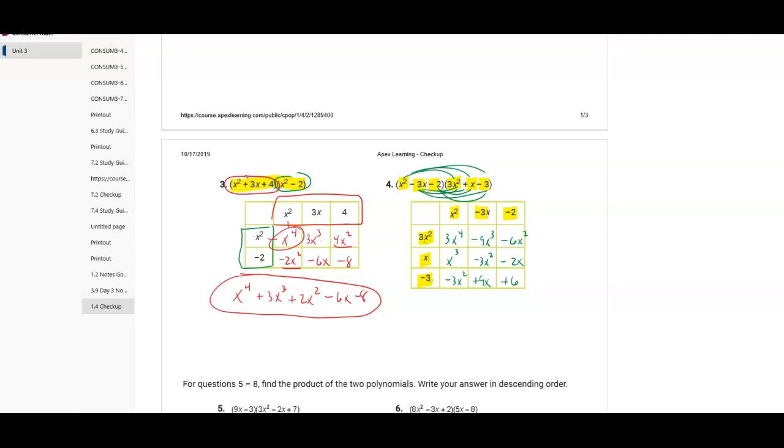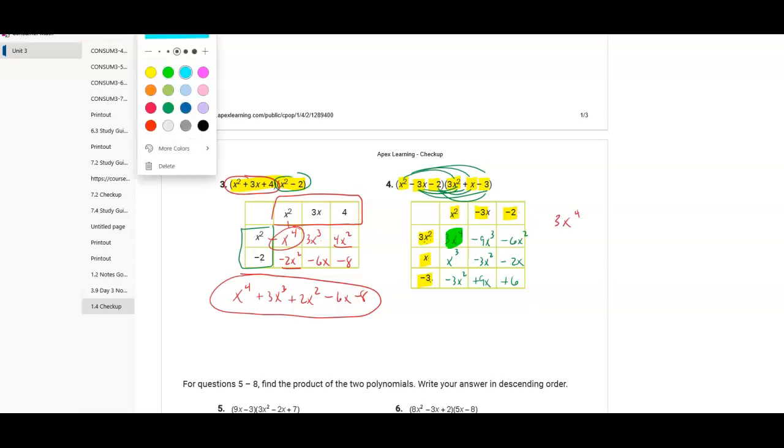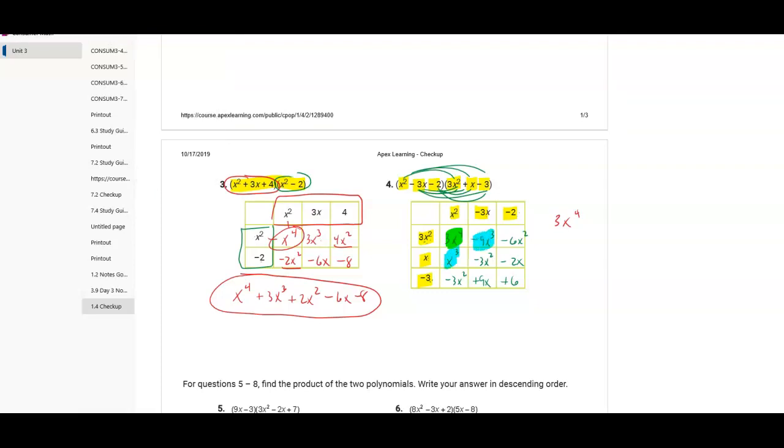Now, what we're doing here is looking for all of the like terms. So we have 3x to the fourth. There's no other 3x to the fourths. Then I have minus 9x to the third and x to the third. That's going to give me, if you think about it, negative 9 plus 1 would be minus 8x to the third.